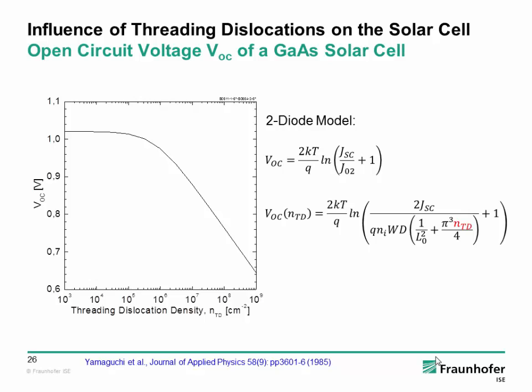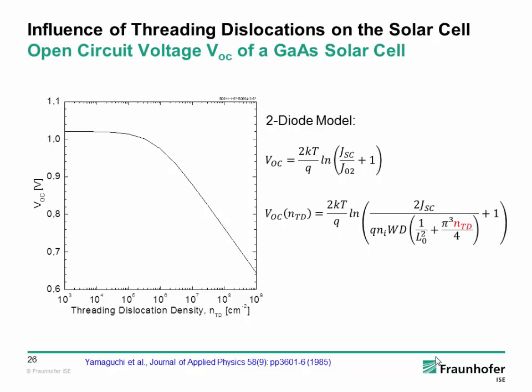And why do we need that? This is simply shown by a calculation already back in 1985 by Yamaguchi et al. They showed how the open circuit voltage will be influenced by the so-called threading dislocation by using a very simple two-diode model. You see here the density of the threading dislocation, but I think basically you can see what happens.